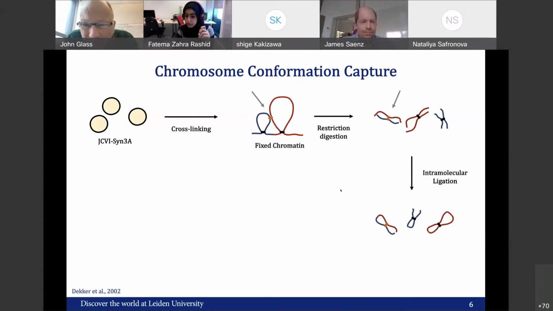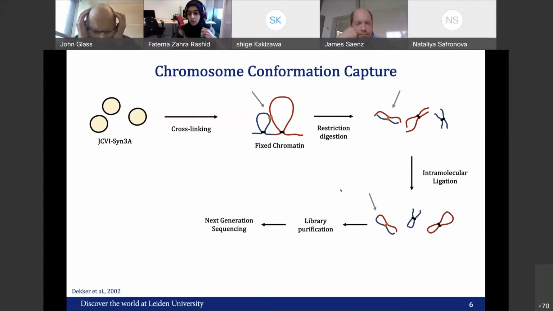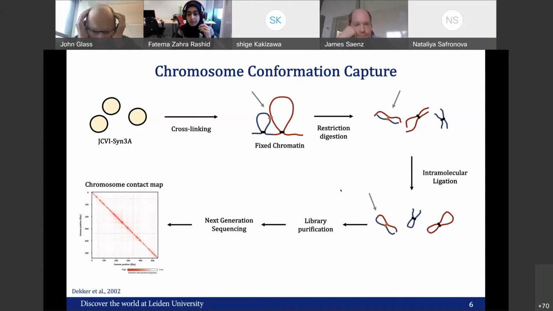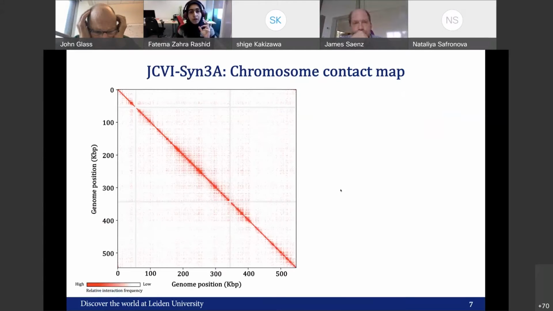We then perform an intramolecular ligation so that these molecules form hybrid ligation junctions. We purify the library, sequence it, and the information contained in this library is then assembled into a chromosome contact map. So this is basically the latest version of the Syn3A chromosome contact map that we have.